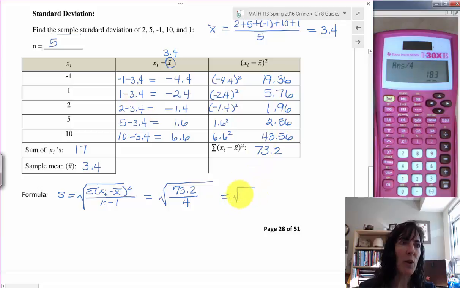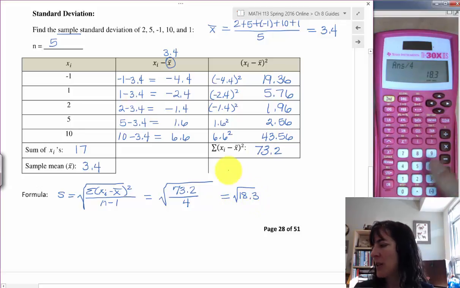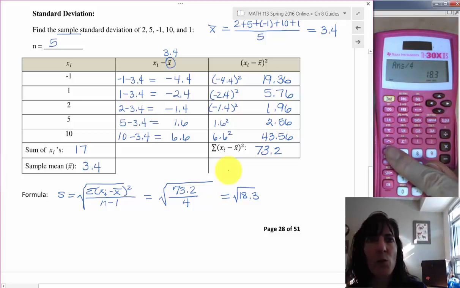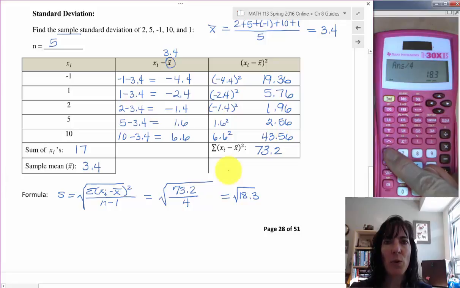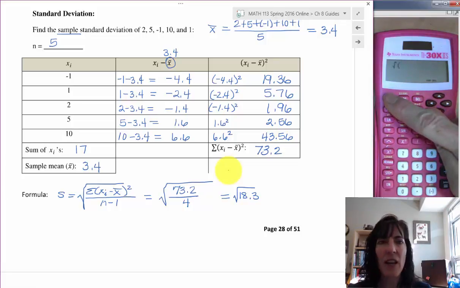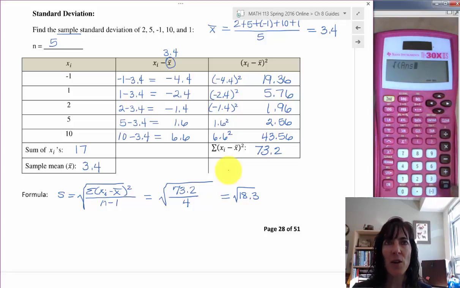I do need the square root still of 18.3. And to do a square root, I will just do second and that x squared button that we found. You see the square root above it? So I'll click there. And then I can take the answer I had before, or I can retype it, but I prefer to take the answer so I don't lose any decimals.